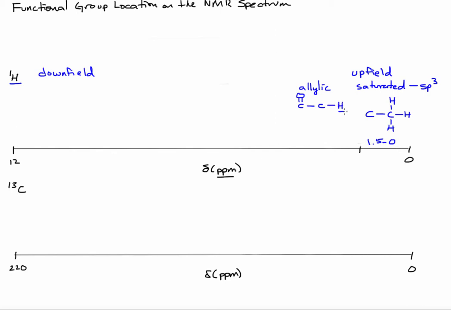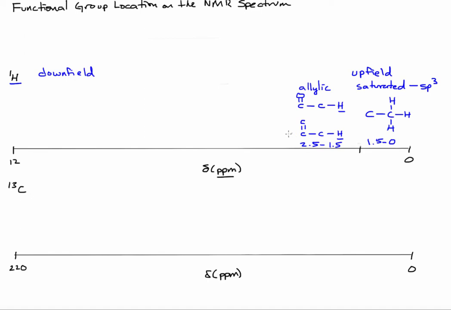These hydrogens, or carbon-carbon, these hydrogens occur between 2.5 and 1.5. So we've differentiated the environment in which these hydrogens reside. These are allylic, so allylic to a CO double bond or allylic to a CC double bond.